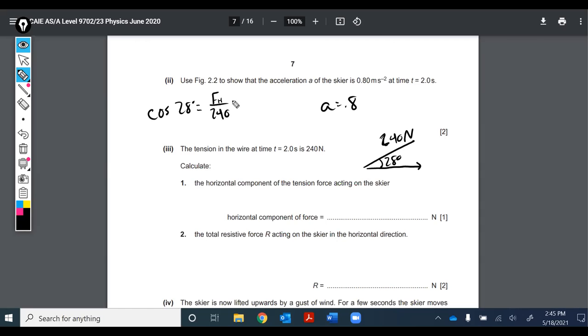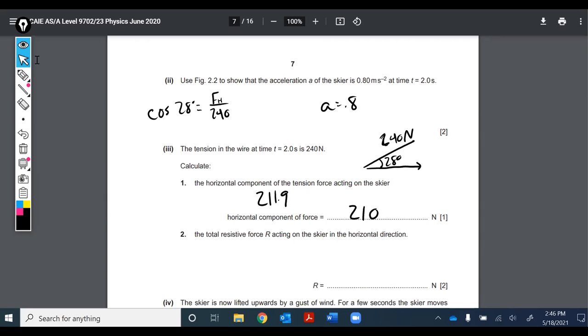Cosine of 28 degrees, 0.8829, times 240 newtons gives me 212. My calculator gives me 211.9, which you might be tempted to call 212, but you might also call it 210. With 2 significant digits, we'd round it down to 210. So maybe about 210 newtons of force.